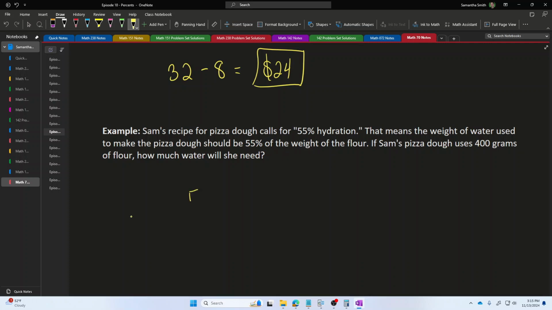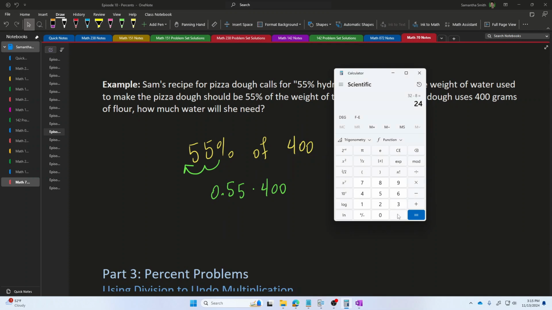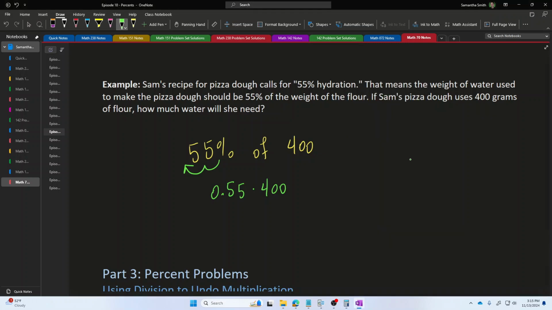So I need 55% of 400. And this is not one of our common percents. So I will convert this to a decimal and use the calculator to help me. If I do 0.55 times 400, then the result of that is 220 grams of water.